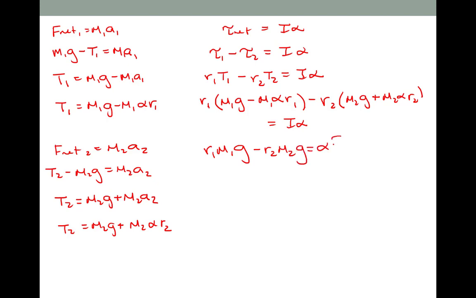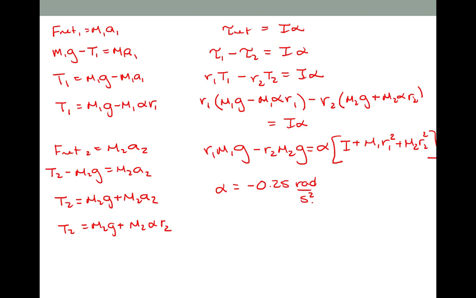On the side with alpha, I have m1 alpha R1 squared, and then m2 alpha R2 squared. This allows me to plug in numbers and find that alpha equals negative 0.25 radians per second squared.